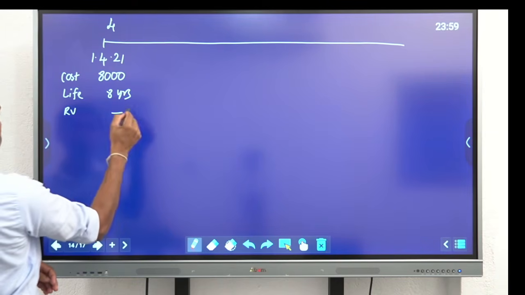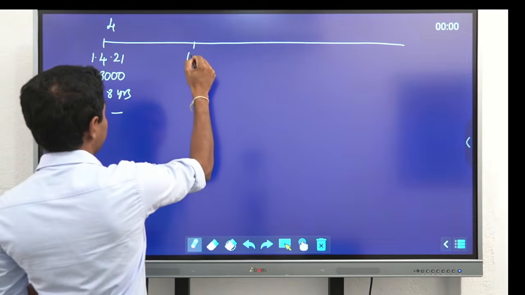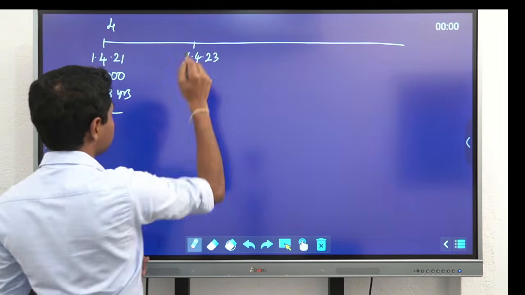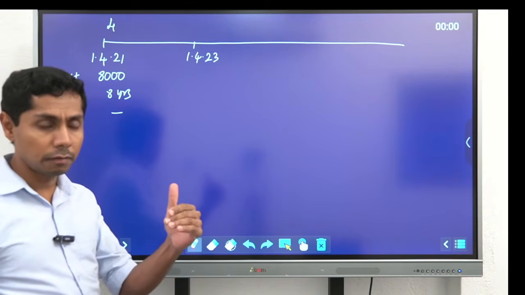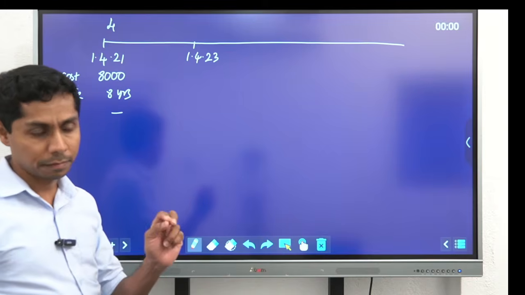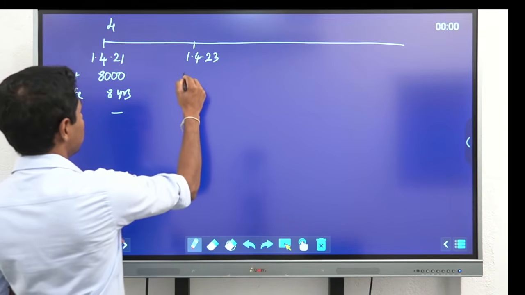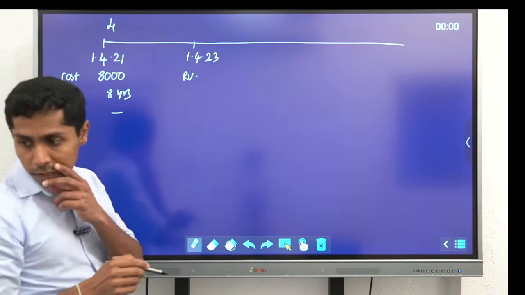Residual value not given, 0. After 2 years, 1st April 23, we revalued the asset for the first time, right? So the revalued amount is 9 million.